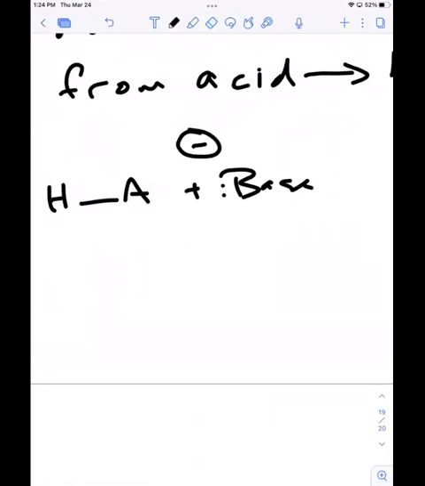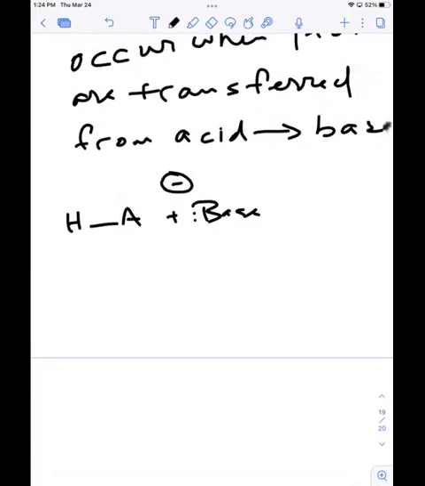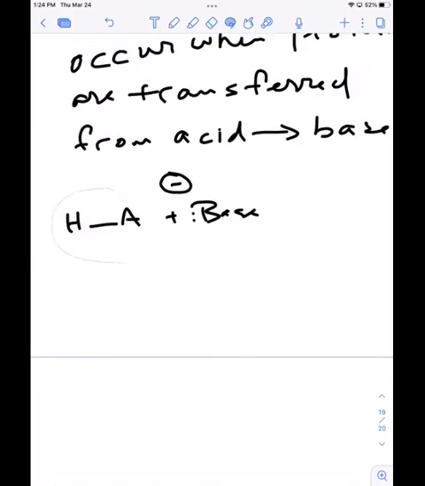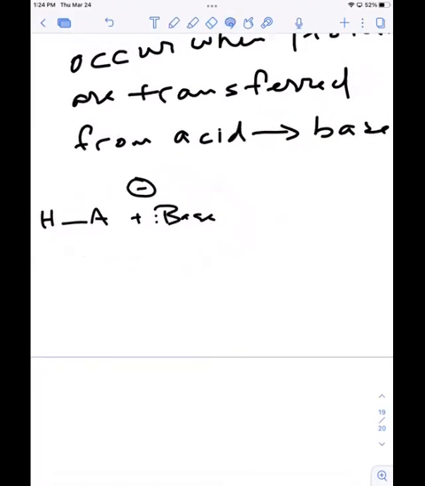Not all bases are negative. Some can be neutral. But let's say you have an acid and a base and you react them together. Typically what happens is this proton right here, I'm going to highlight it, that proton is going to be transferred to the base, right?